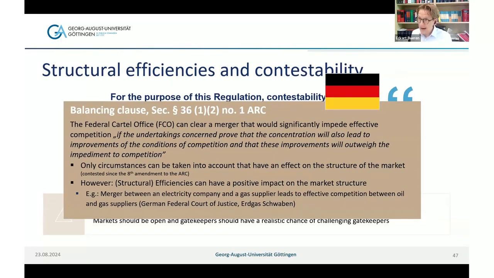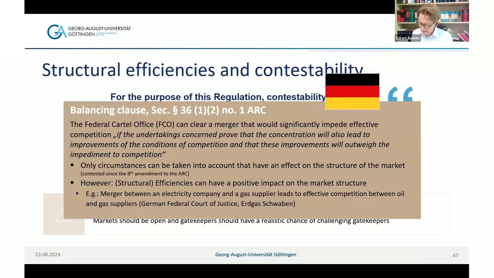And we believe that these considerations on the balancing clause are, in certain aspects, transferable to DMA procedures, insofar as the contestability of the market is discussed. So if the behavior in question improves competition and has a positive impact on the structure of the market and can make it possible to competitively challenge products and services offered by the gatekeeper, that is, in the broadest sense, similar to this balancing clause.